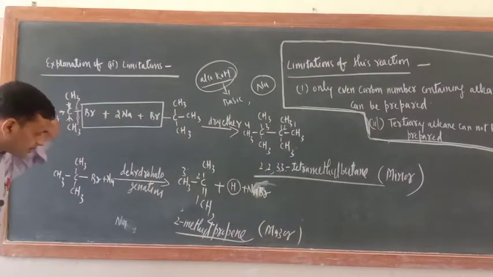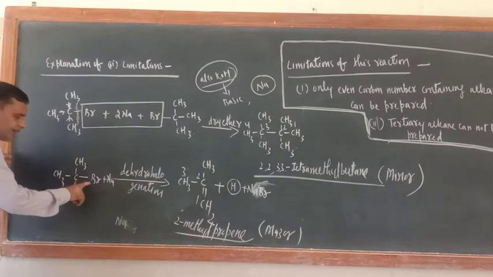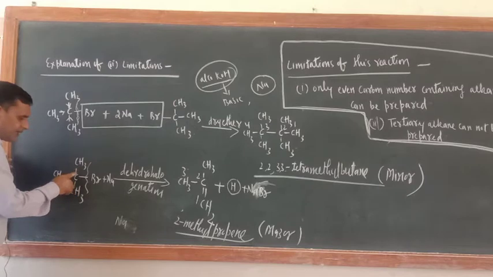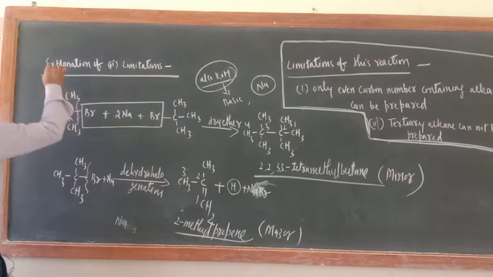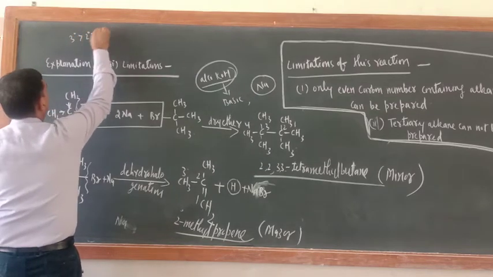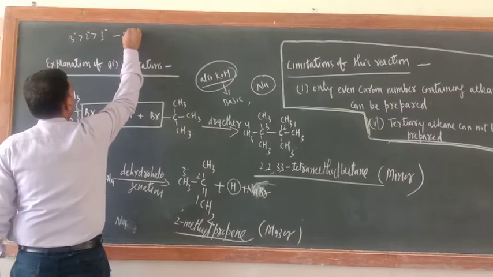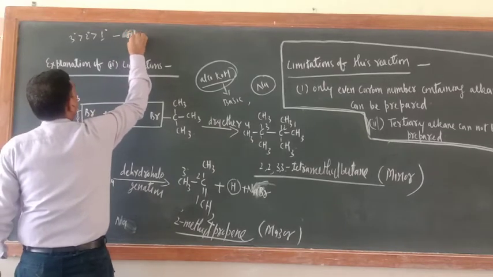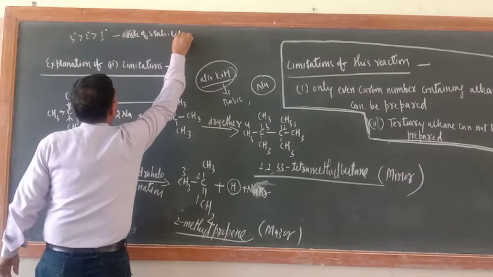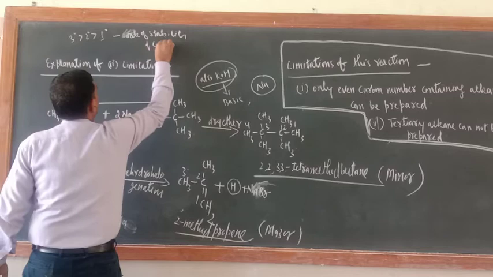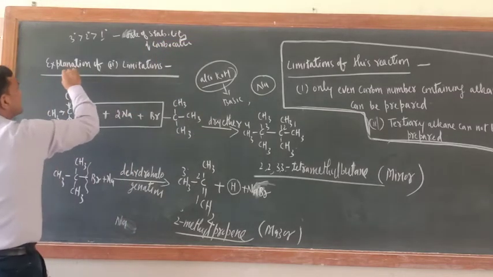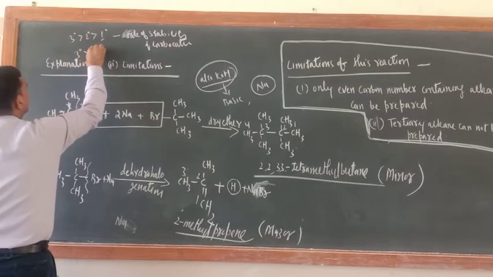So why will this be the major product? Just see, when this bond gets broken, what kind of carbocation will be generated? A 3 degree carbocation. And what is the order of stability of carbocation? 3 degree, 2 degree, 1 degree. The same is the order of stability of free radical also: 3, 2, 1.